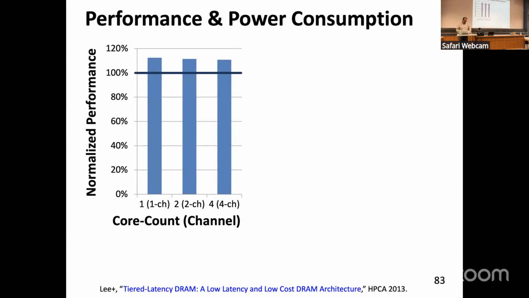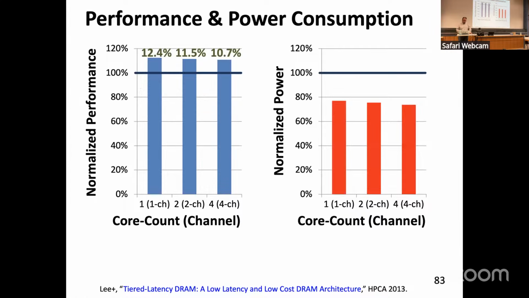So here is some normalized performance for different core counts, and you can see that this technique can provide performance improvement compared to the baseline, and it also reduces power consumption, because you increase the chance that you are operating on the near segment, and that's much more power efficient.